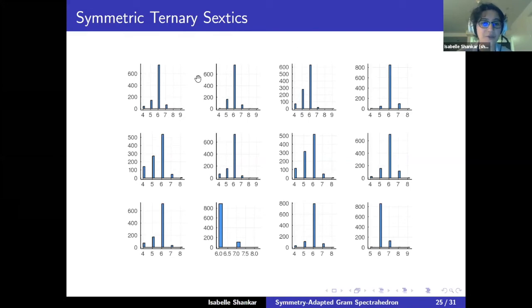And you'll see here, the majority is rank 6. So somehow in the normal fan of the symmetry adapted Gram spectrahedra, the majority of it will be rank 6 matrices, but we do also always get rank 4 matrices, nothing lower than that, often up to rank 8, possibly up to rank 9.